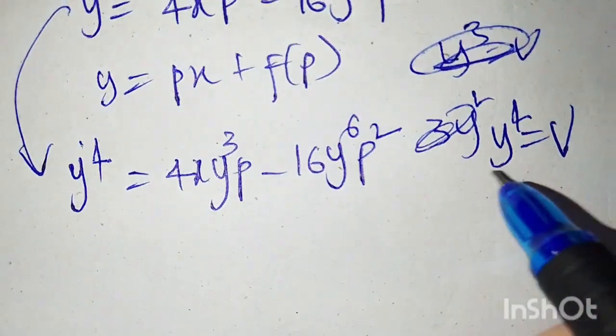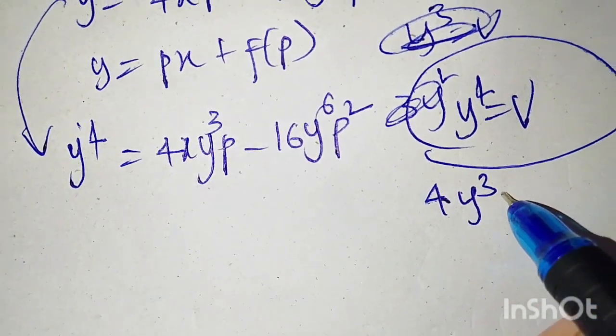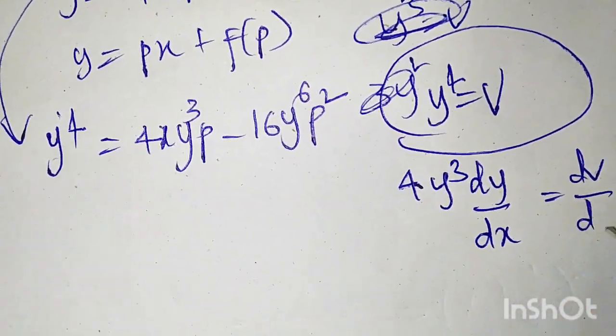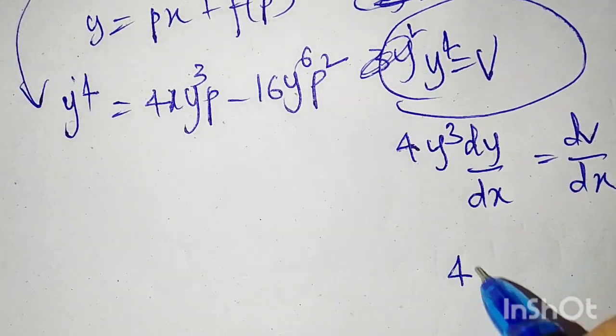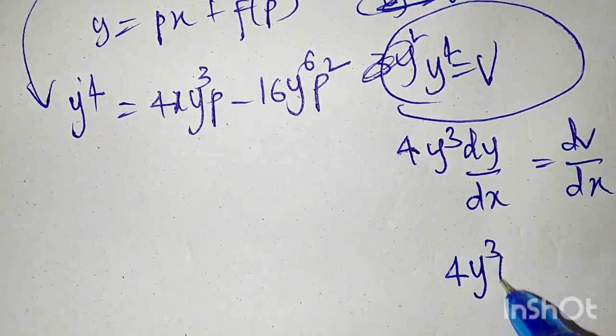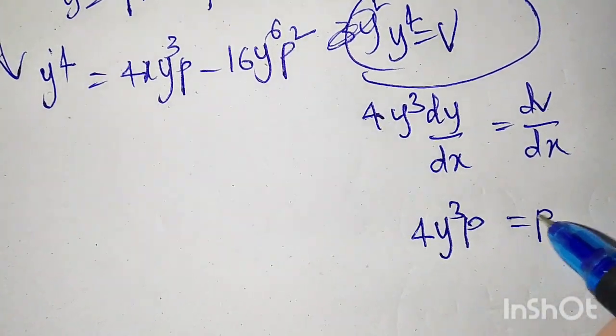So if I put this, 4y cube dy by dx is equal to dv by dx. So this is nothing but 4y cube p, dy by dx means p, and this will be p bar, the new one.